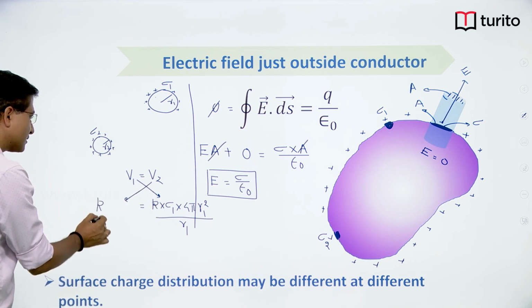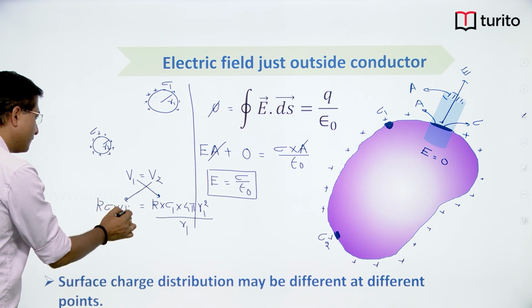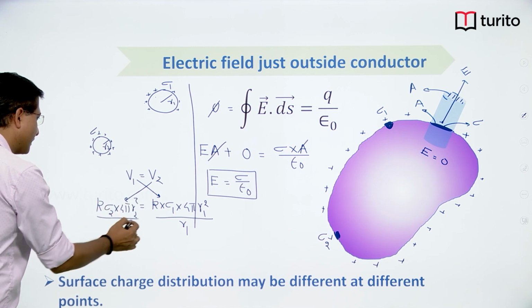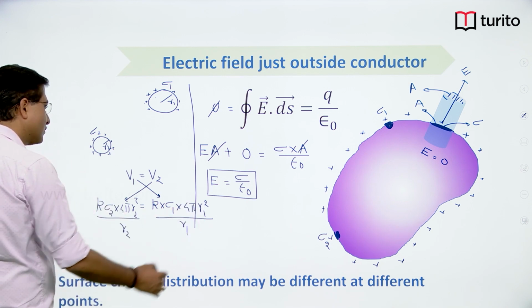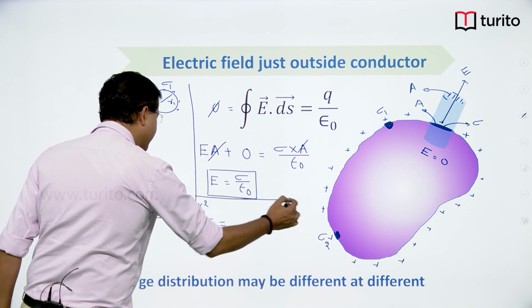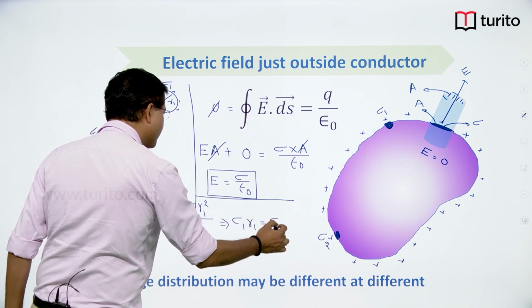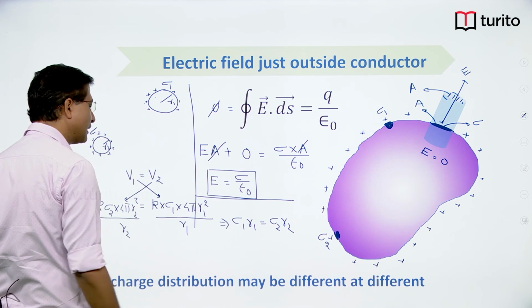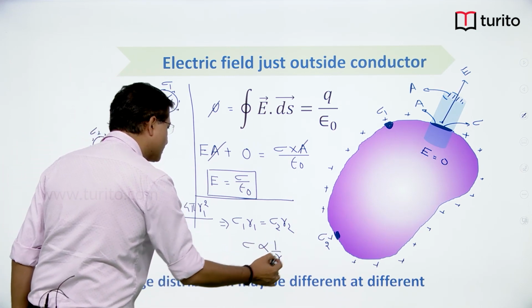So, this can be written k sigma 2 into 4 pi r2 square divided by r2. If I simplify, see what we are getting. So, this and this will get cancelled out and we are getting sigma 1 r1 is equal to sigma 2 r2. That means I am getting surface charge density inversely proportional to the radius of the surface.